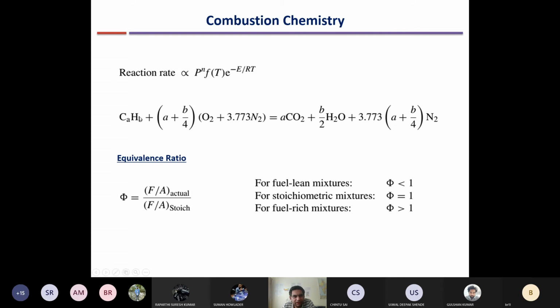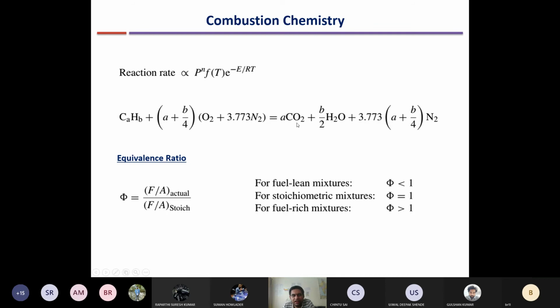So for any hydrocarbon CaHb, for example octane, although octane is not used for aviation or gas turbines, if it is C8H18, you should be able to calculate the amount of oxygen and nitrogen present for stoichiometric combustion. So for 8 atoms of carbon, you will have 8 O2, and for 18 atoms of hydrogen, you will have 18 by 4 O2.